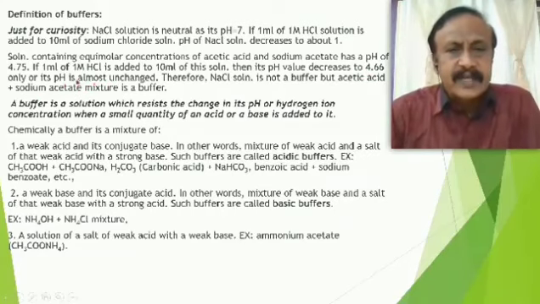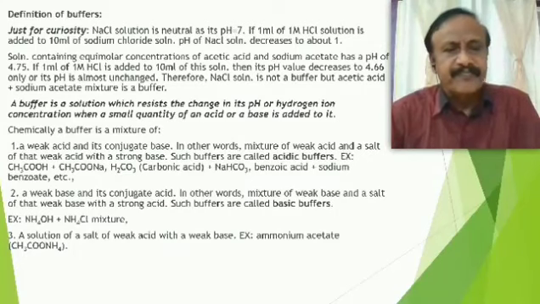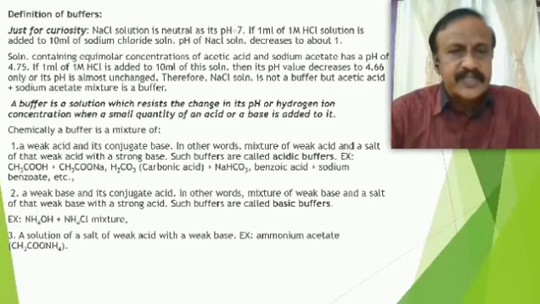Hence, we can conclude that NaCl solution is not a buffer, but the mixture of acetic acid and sodium acetate solution is a buffer. Then what is the definition of a buffer?